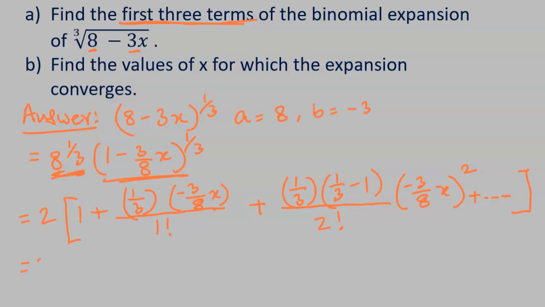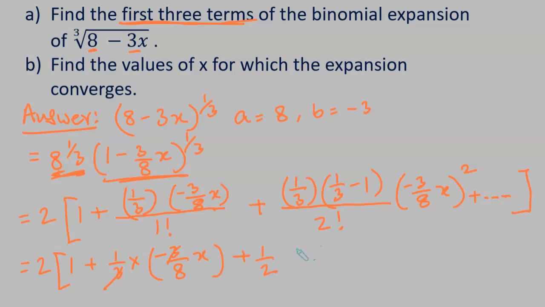So now we have to do the simplification. The first term is 1, nothing more to be done to it. This one is 1 over 3 times negative 3 over 8x, and these two will be getting cancelled. Third term plus, let me write the denominator first of all.